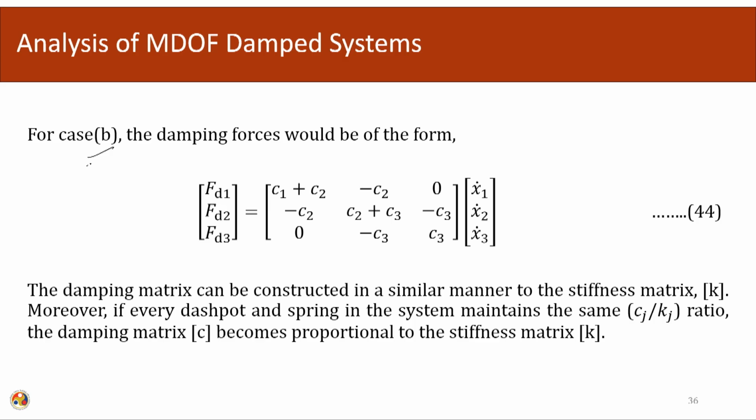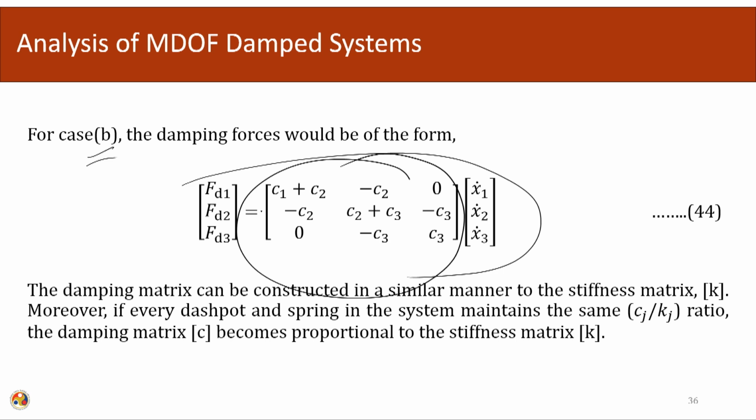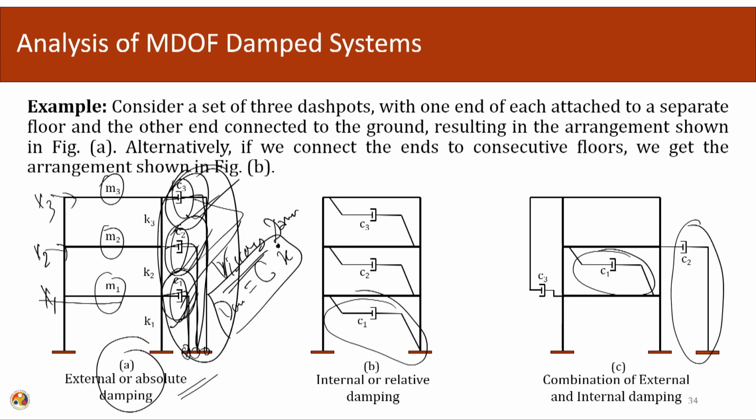So, if I look into the case B, then the damping matrix is a coupled matrix. It means that if we take this part out, and if the forces are applied here, and the acceleration is applied in this sense, then the damping will come from the 2 ends.